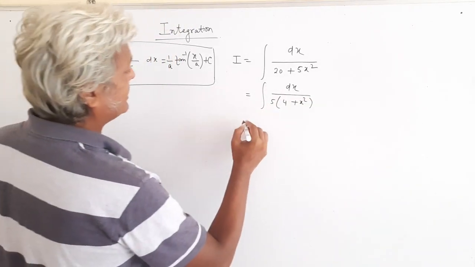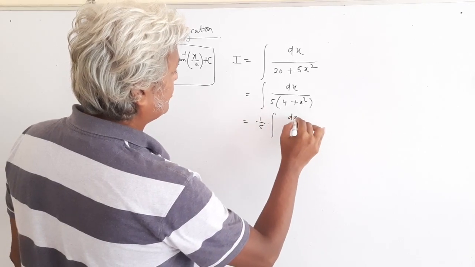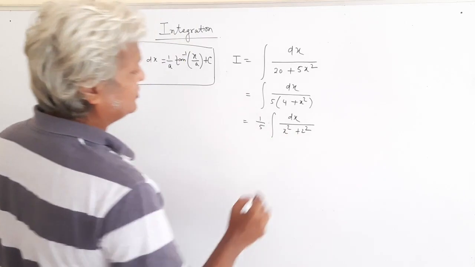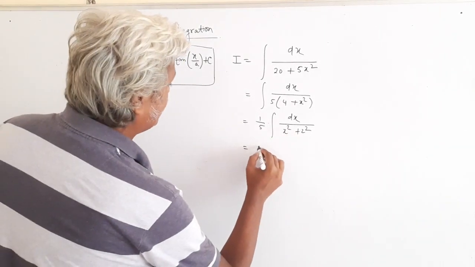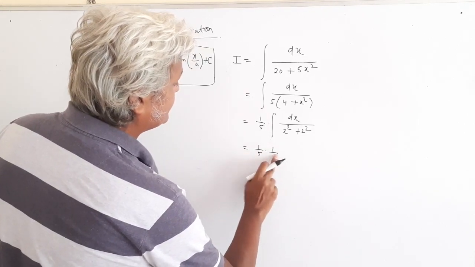Now this 5 you can keep outside, 1 by 5, and the remaining part you can write as x square plus 2 square. So now this is perfectly matching with this form. So its answer will be 1 by 5 times 1 by a, and a here is 2.